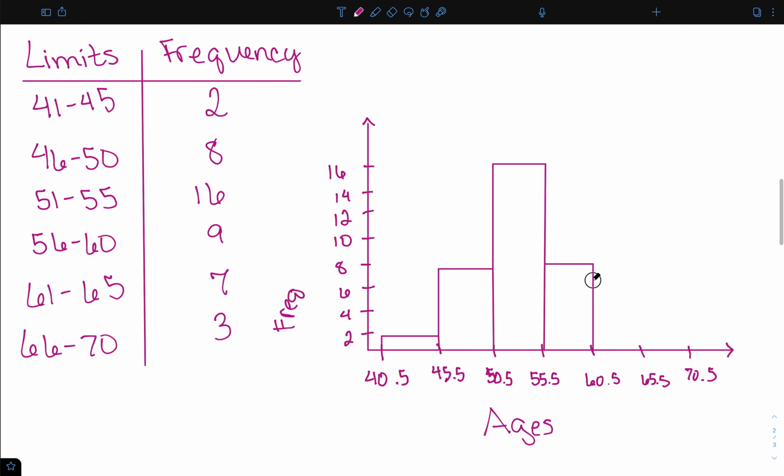After that, we have a height of 7 and of 3. Technically, all of your bars should be equal width, but since I did this by hand, we see a little bit of error here. But we do have our frequency distribution.